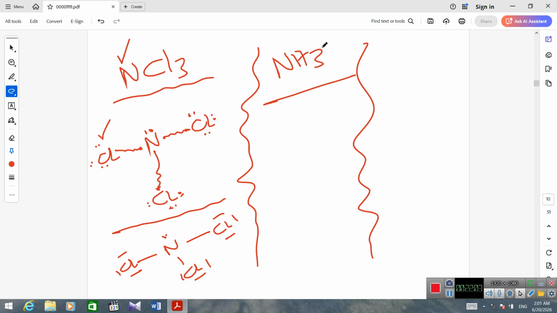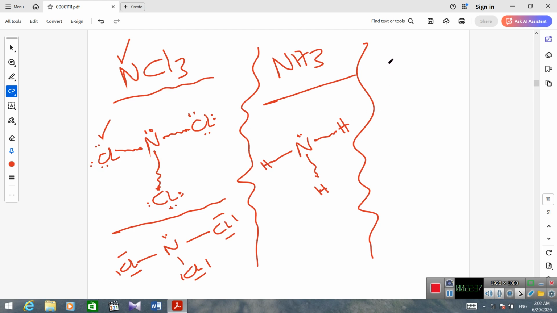Or ammonia, NH3, whereas hydrogen cannot be a central atom because it only has 1 electron. It's natural that nitrogen is the central atom with 5 electrons, and the hydrogens are around the central atom, and it's so easy to draw the Lewis structure of ammonia, NH3.